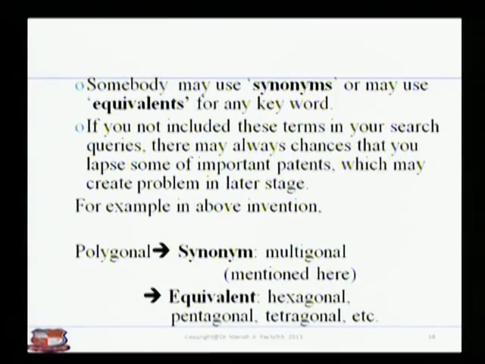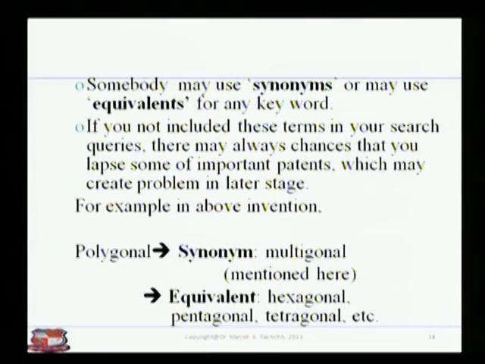But somebody may use some synonyms or alternatives or equivalent words somewhere down the line in any other documents. Say for example, in our invention we have used the word polygonal bristles. Somebody used the word multigonal bristles, and he has a patent in the US.